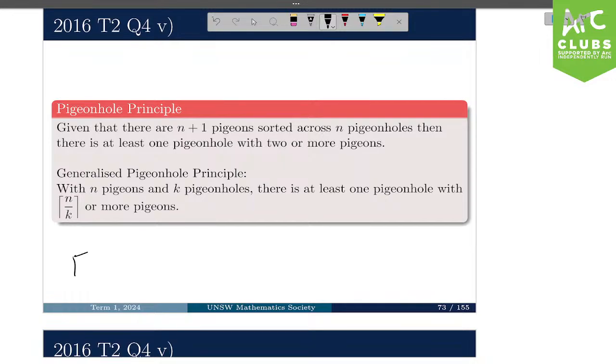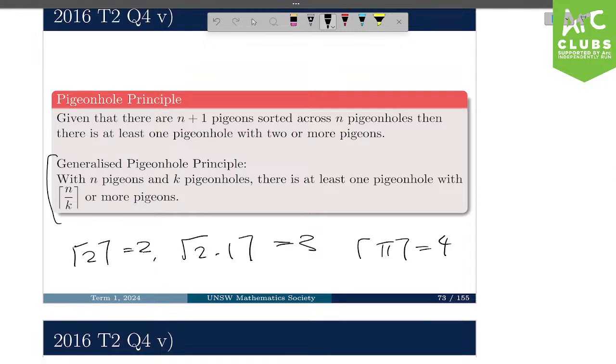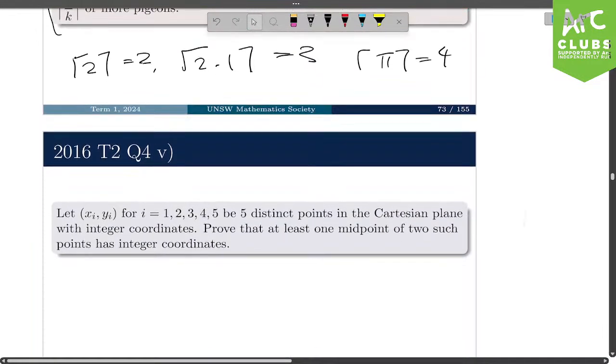For example, the ceiling of 2 is 2, but the ceiling of 2.1 is 3, and the ceiling of pi is 4. For right now, the generalized pigeonhole principle will just be an assumed fact for this course.